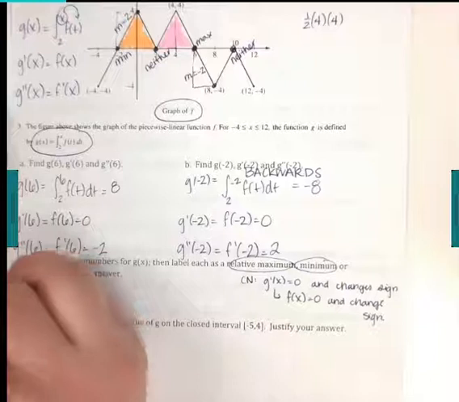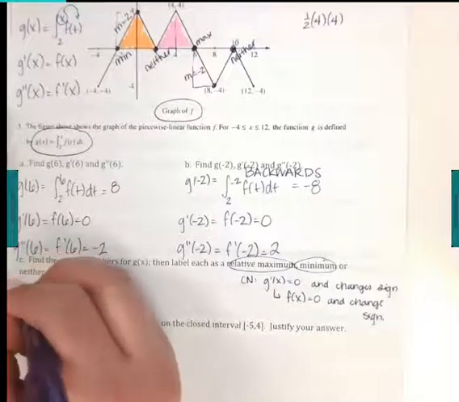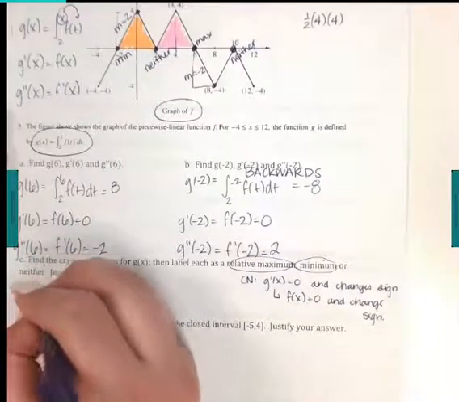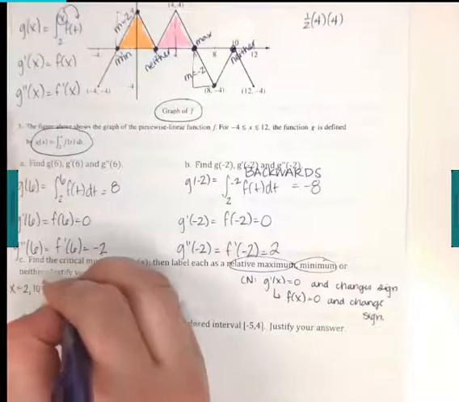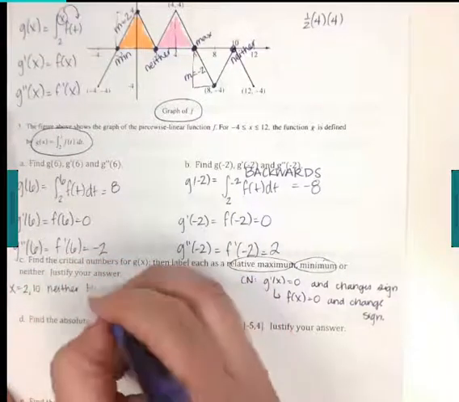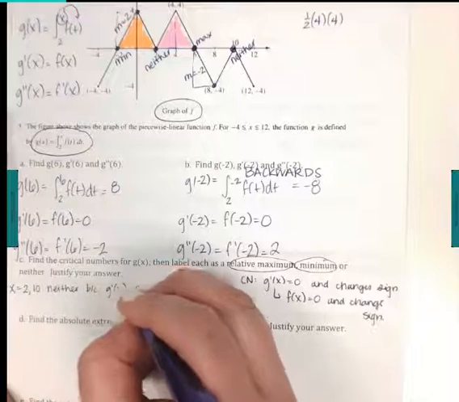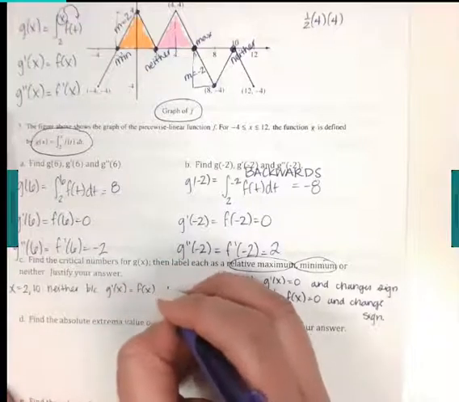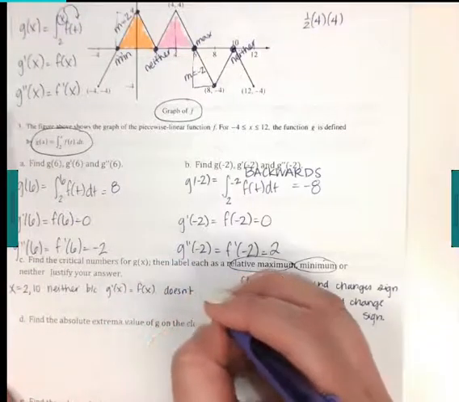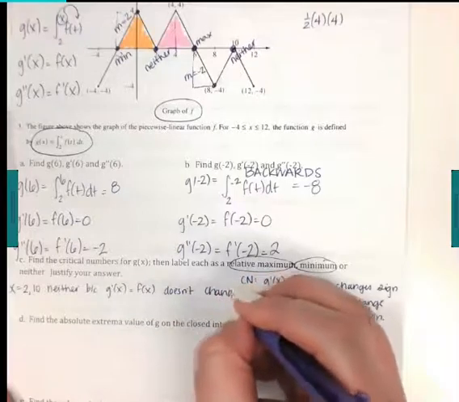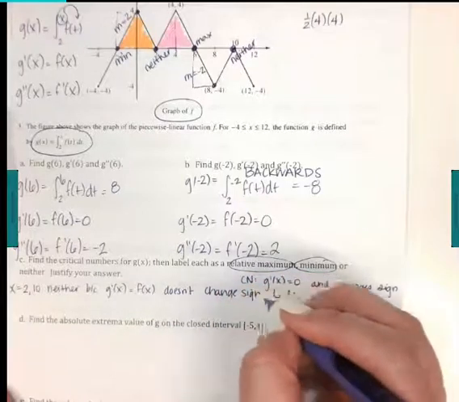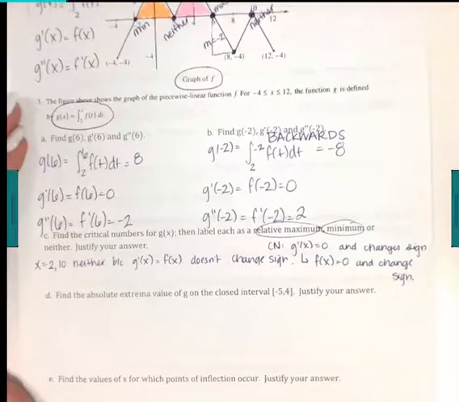So I would put X equals 2 and 10. Those are both neithers. Because G prime of X, which is really F of X, doesn't change sign. Okay?